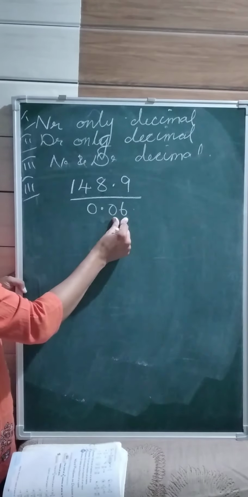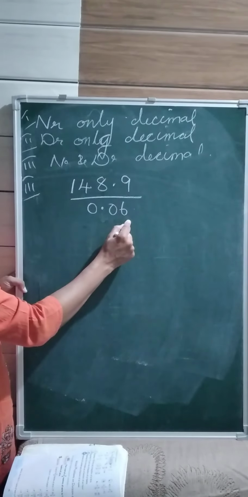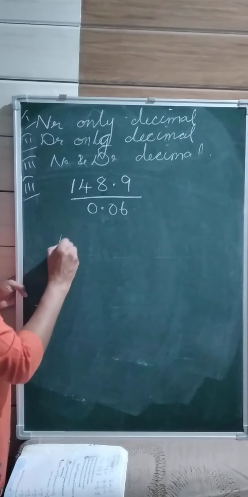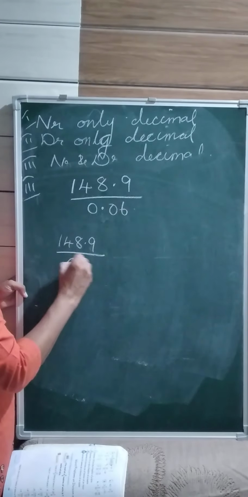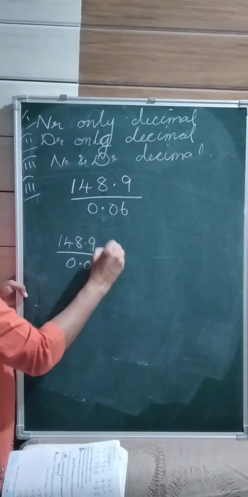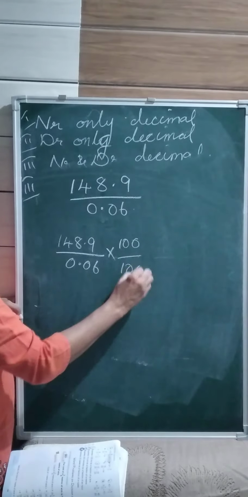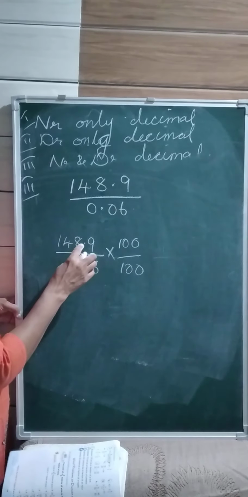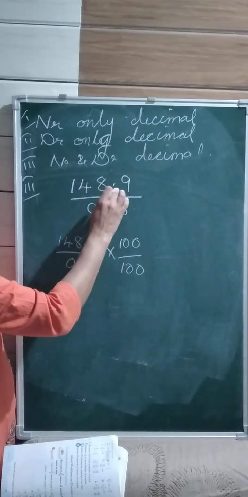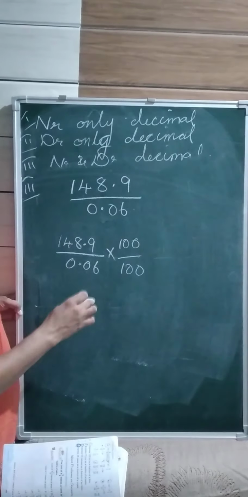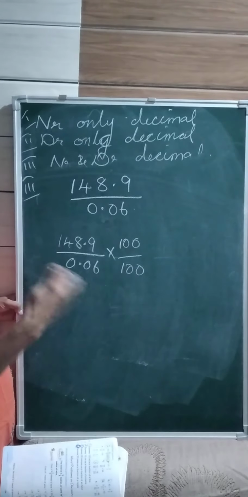Here 2 decimal digits are there, 0 and 6. After the decimal point 2 digits are there. So you multiply with 100. Neglect the numerator, it has 1 digit, but you can neglect that, whatever it is.